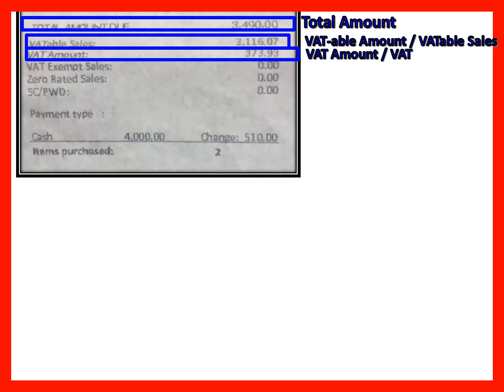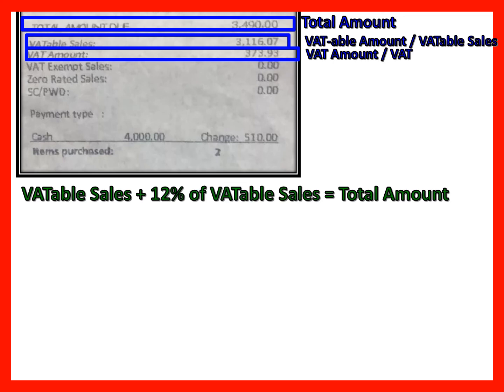So let us compute. Again, the formula that we're going to use: the VATable sales, and we will add 12% of it, and that will be our total amount. So what is the VATable sales? The 3,116 pesos and 7 centavos.